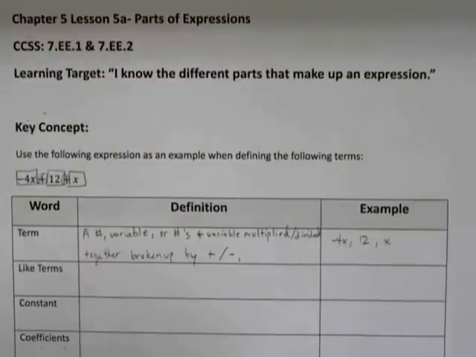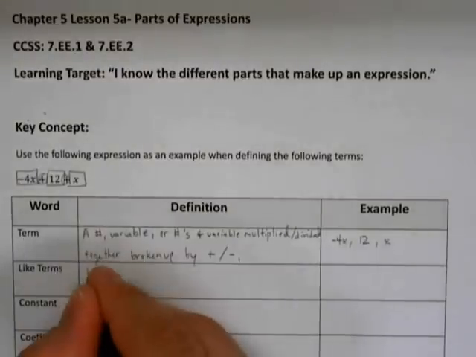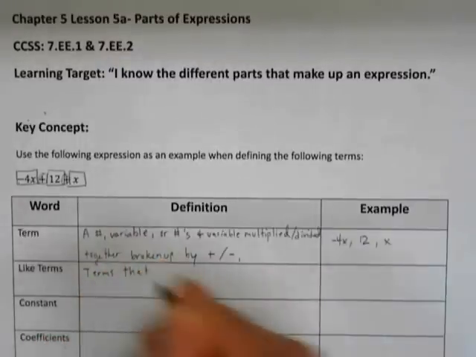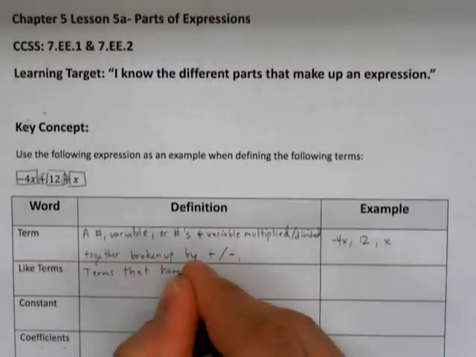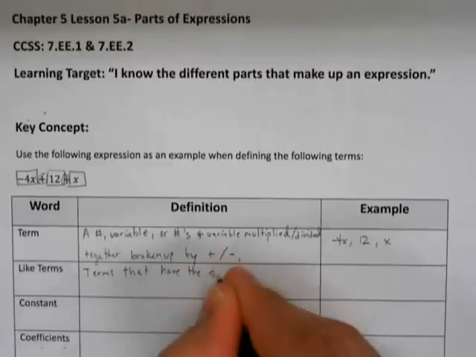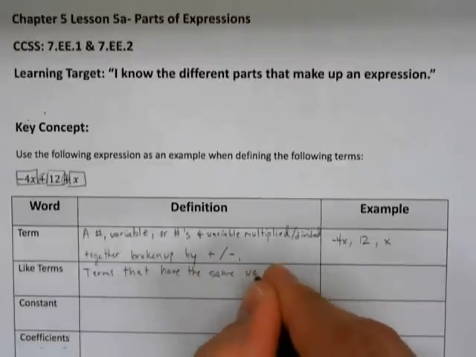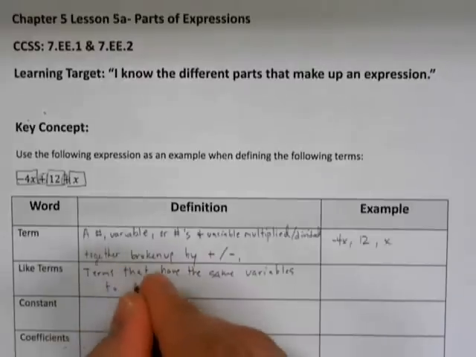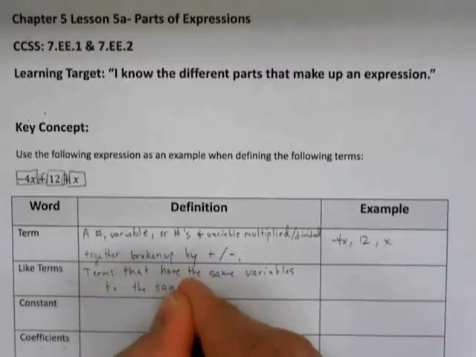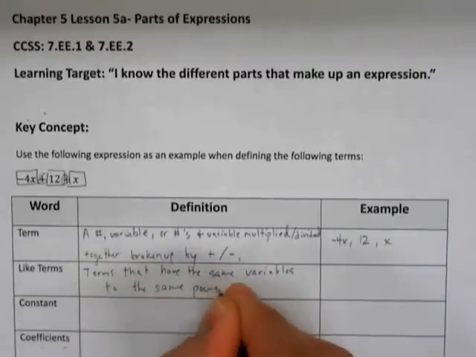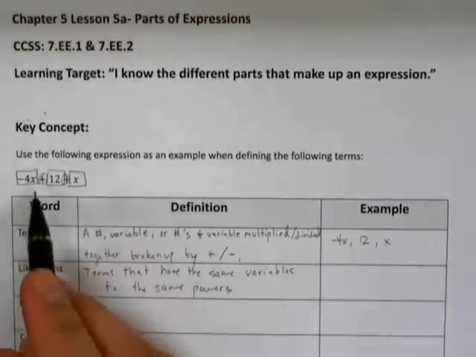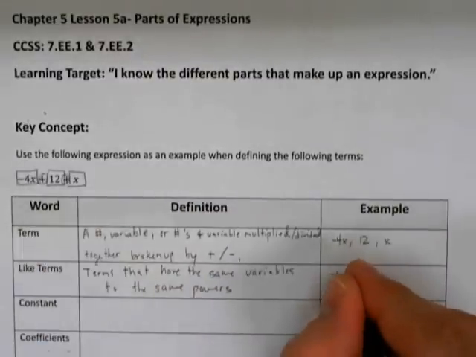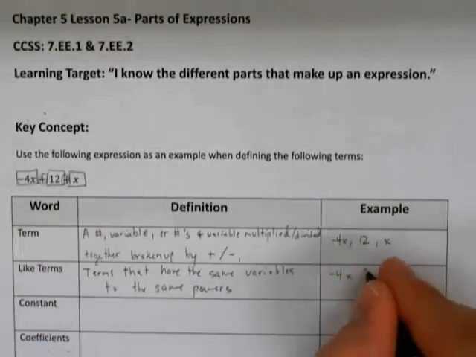So like terms are just terms that have the same variables to the same powers. In this expression, the like terms are negative 4x and x.